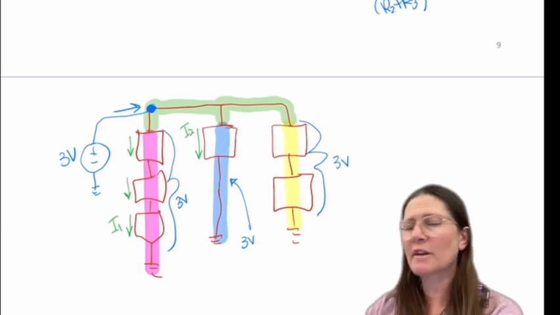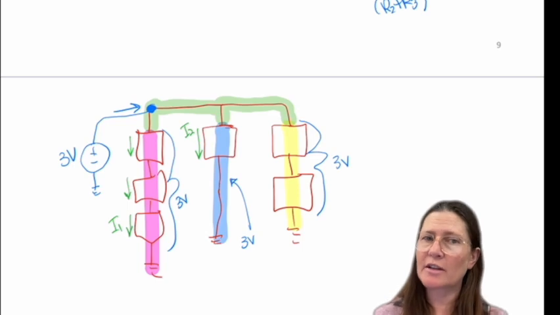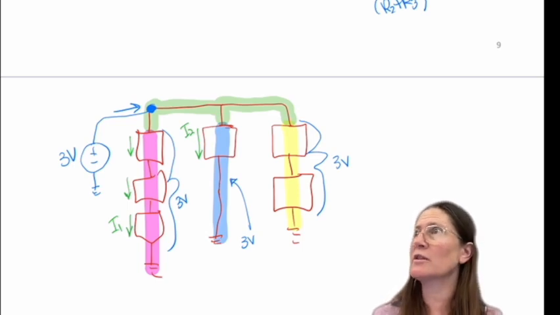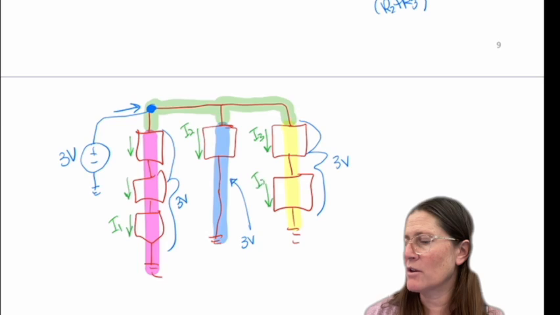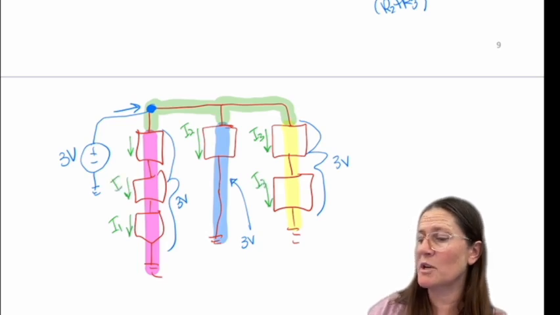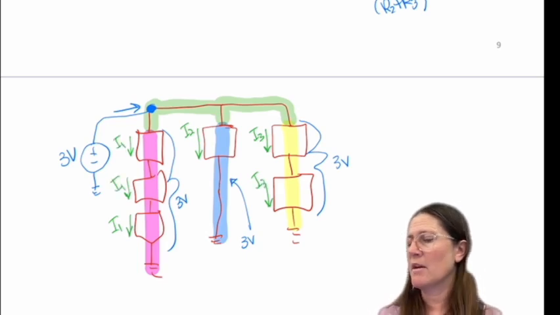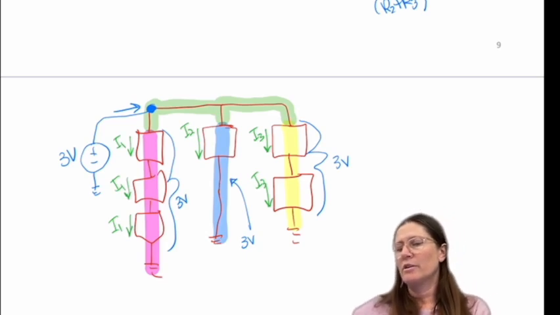And then this will be a separate current, I2, that's different than I1. And then this one will be another current, and because it's in one branch, it will all be the same. Does this make sense?